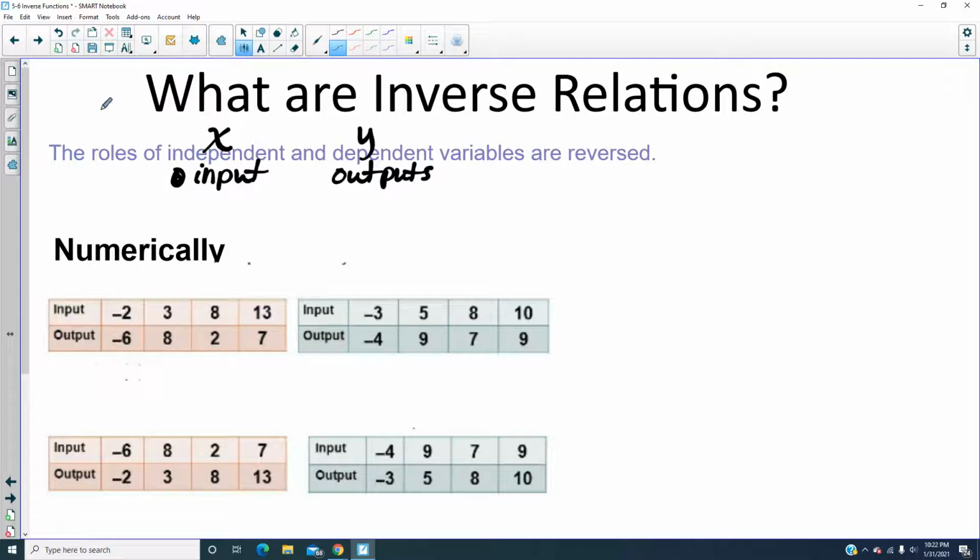So numerically, what that means is if I were to have this original function, with an input of -2 and an output of -6, input 3, output 8, input 8, output 2, input 13, output 7, if I switch those, like switch the -6 and 2, where the -6 becomes the input, -2 becomes the output, and I do that for all the points in the original function, that will give me the inverse.